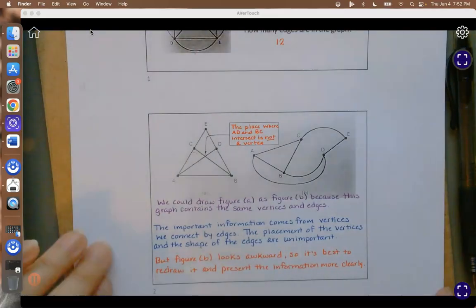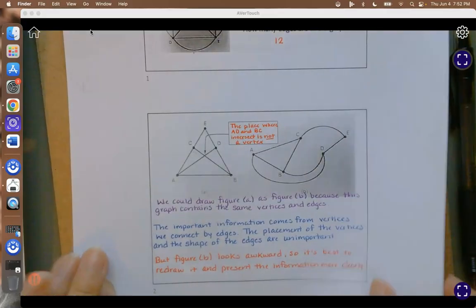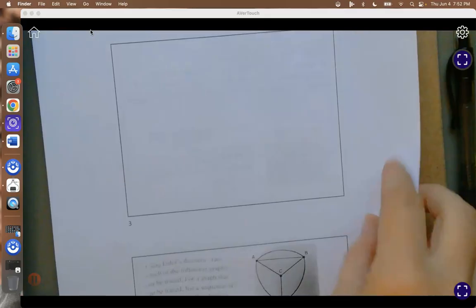Okay, so if you've got 3 lines coming out of a vertex, then that vertex is odd.